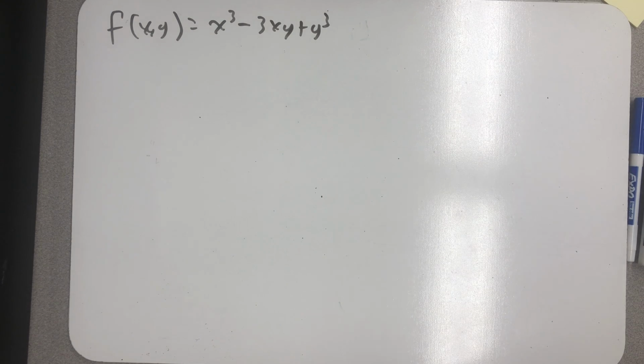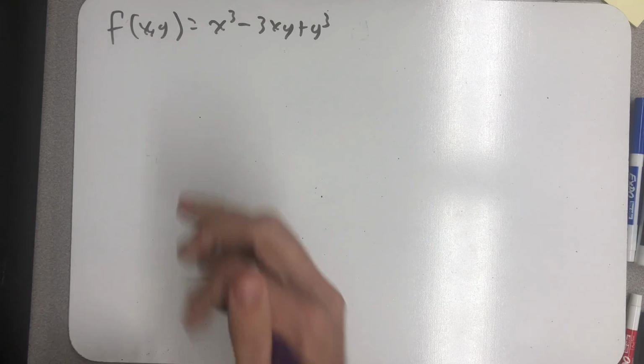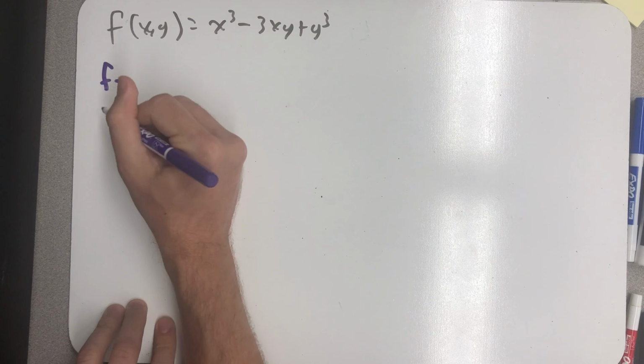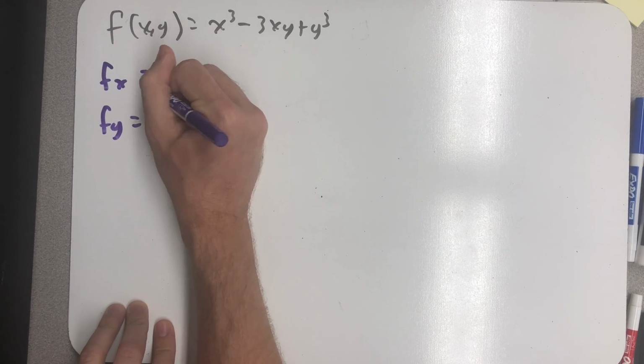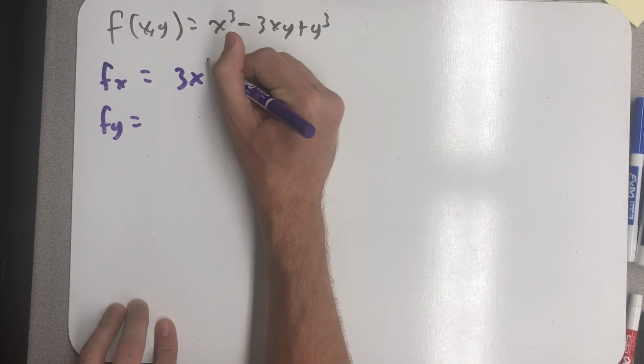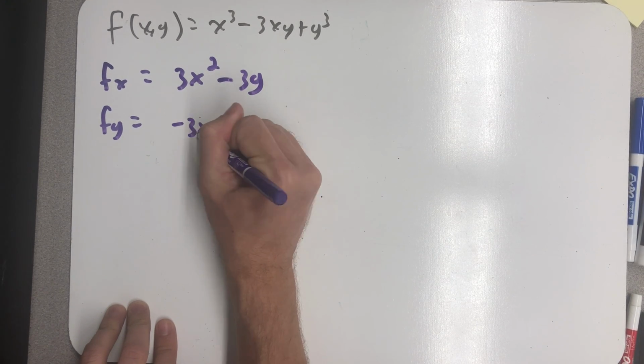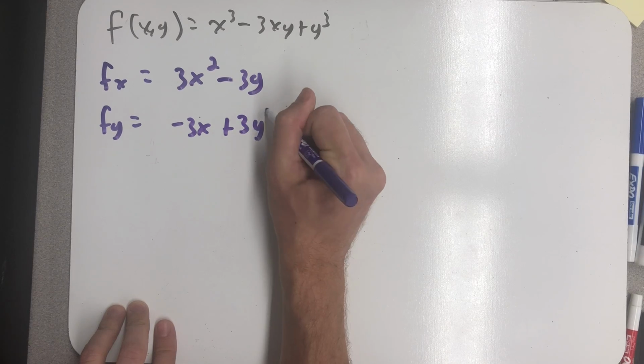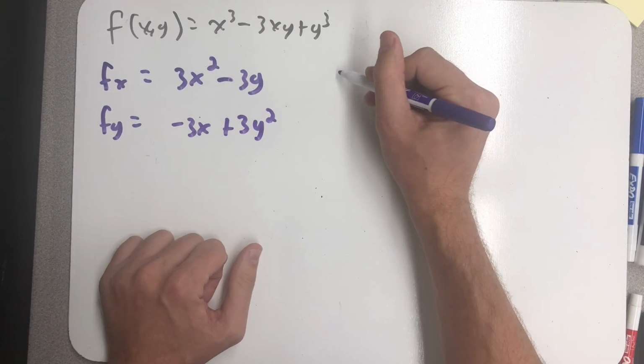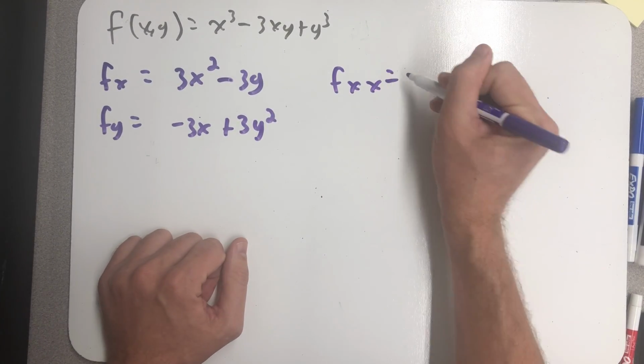Well, if I'm going to find all of the local extreme values and saddle points, I'll need to know all of the first and second order partial derivatives. I've already found the first order partials when I wrote down the gradient. I can go on and find my second order partials.